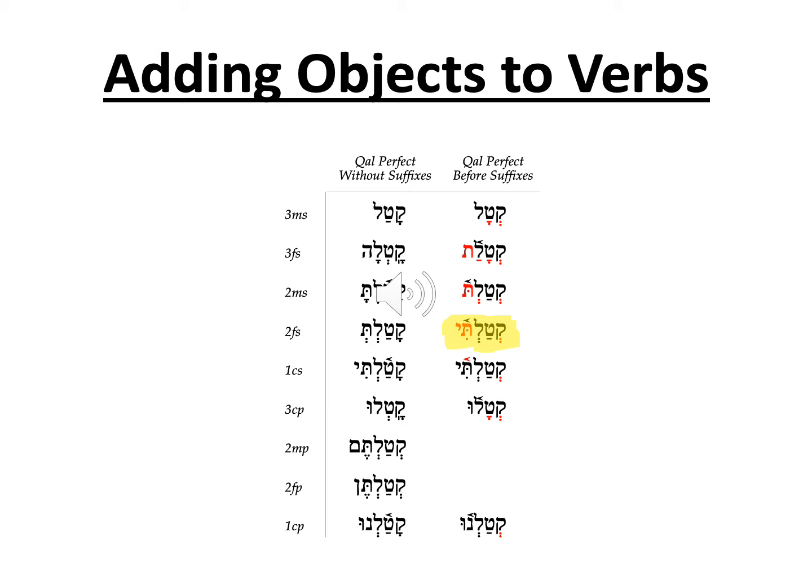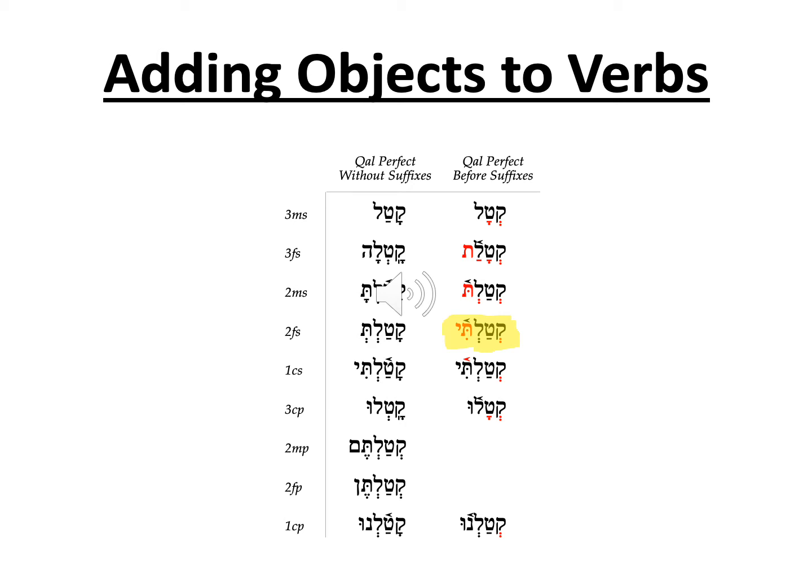So here you can see that we have propretonic reduction in that the initial kametz has reduced to a vocal schwa. We can see that in certain places the accent has moved around, and that especially in the 2FS, instead of the expected ending, we have tav with a hirik yod. This instead of the tav with the schwa.